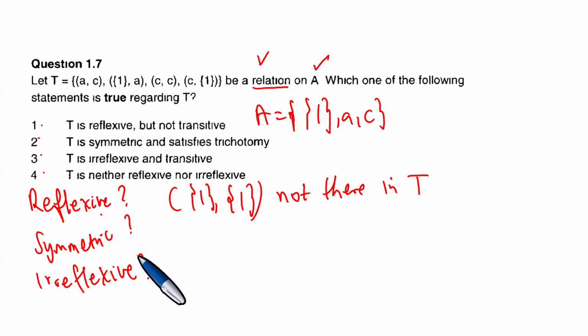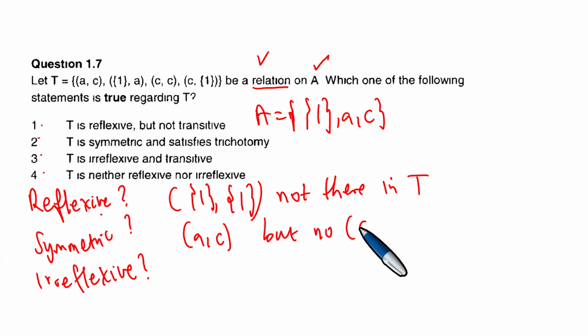Now, if you're dealing with A, C, let us look at A and see if this is there. In terms of symmetric, there is no CA.